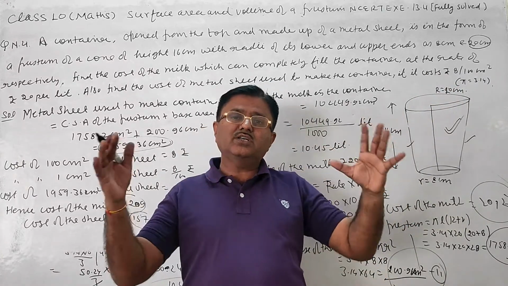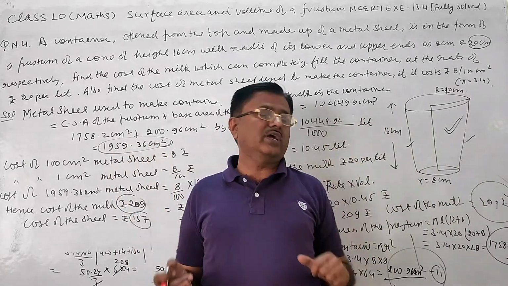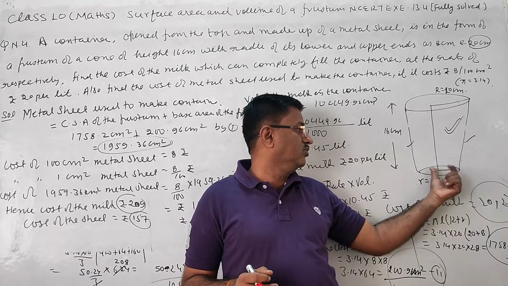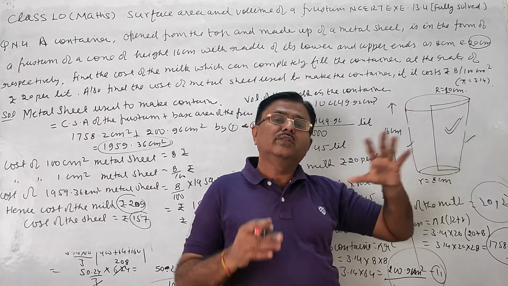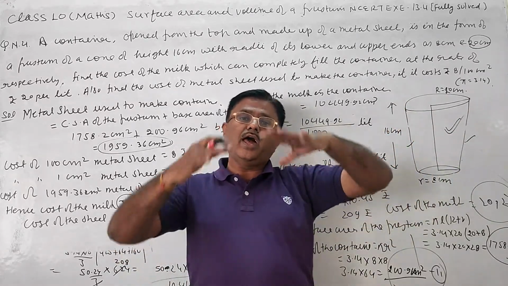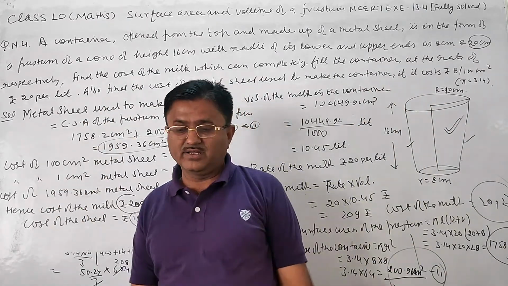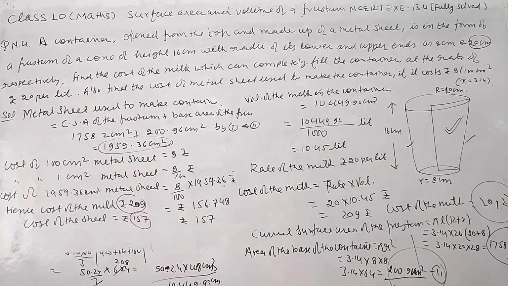Secondly, you have to consider which area should be taken, which part we have to take, that is also important. You have to see your daily life practice, where metal is used, in which portion the metal is used, and find that area. With the help of that area you can find the answer. So this is very important, that's why we are discussing it in detail.